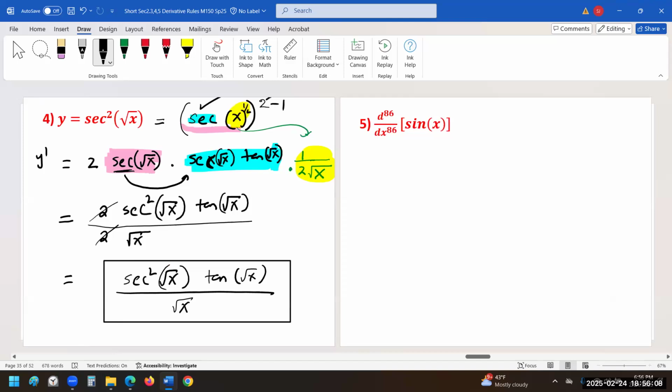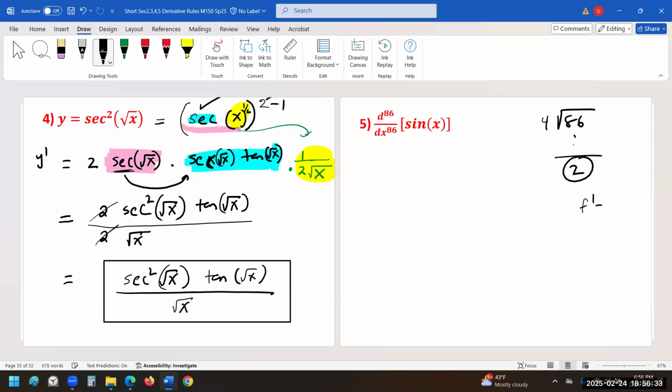Now, did you figure out what is the 86th derivative of sin x? 4 goes into 86 how many times? Or how many remainder do we have? 2 remainder, right? We left 2 remainder. That means we are taking what? The second derivative of sine.